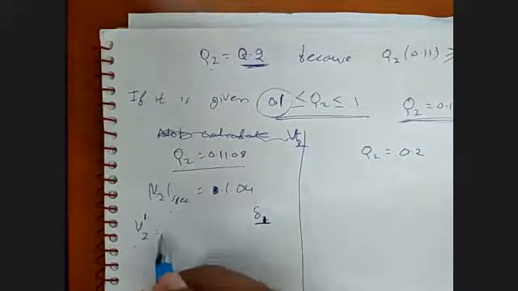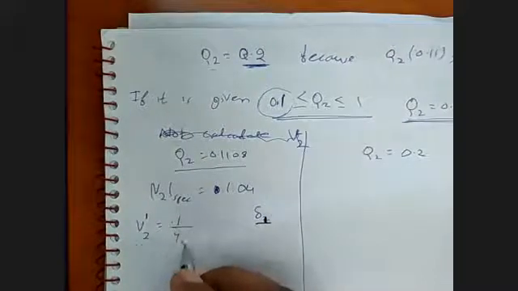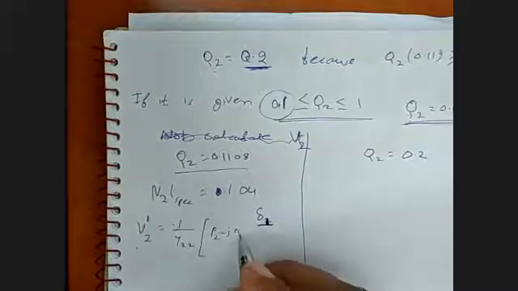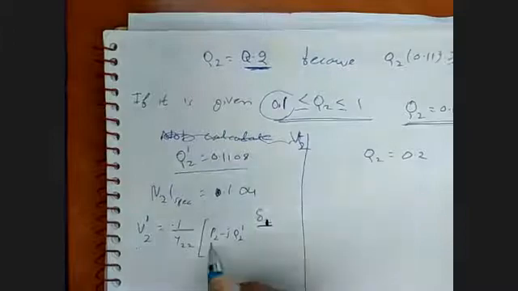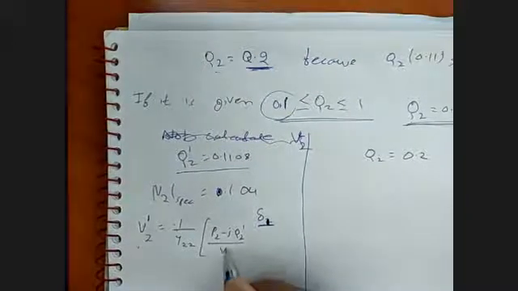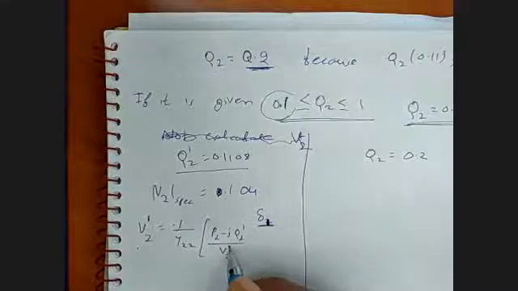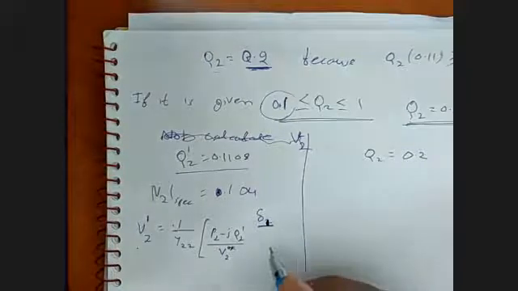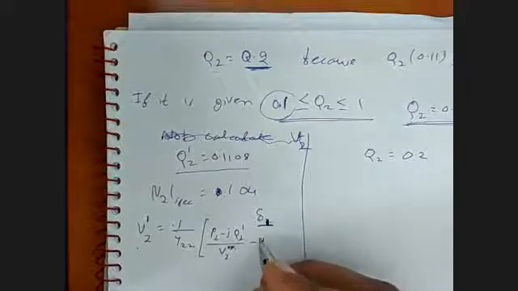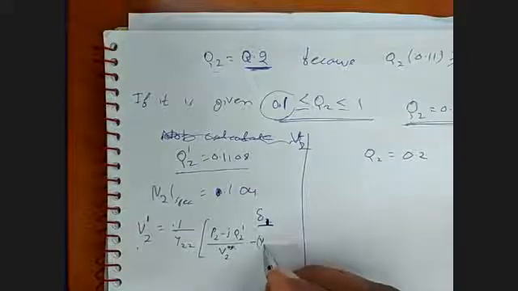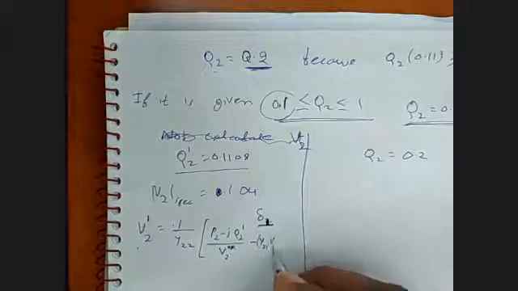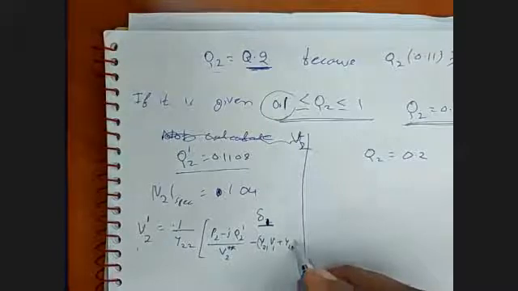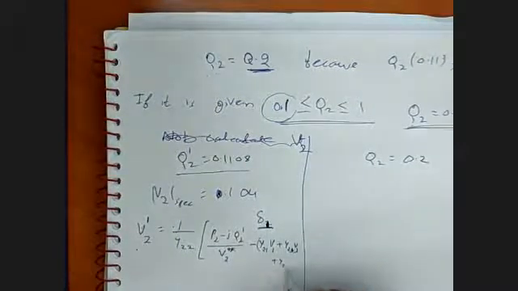So V2 1 will be 1 upon Y22 into P2 minus JQ2 1 divided by V2 star, minus Y21 V1 plus Y23 V3 plus Y24 V4.